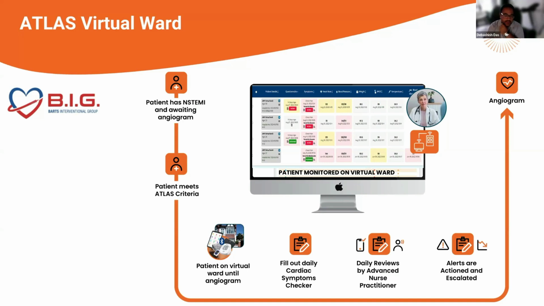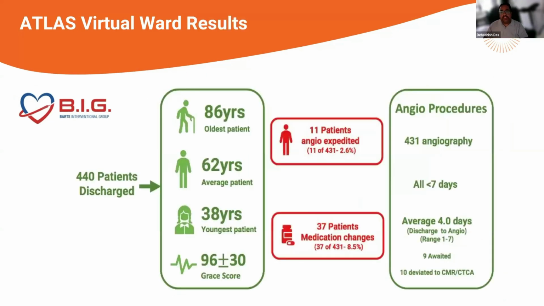So they wait at home, and they get daily symptom reviews by an advanced nurse practitioner. If they were deemed to be deteriorating, they would be brought back into Barts Hospital to have their angiogram expedited. But the vast majority actually went on to just have their angiograms as per the date.